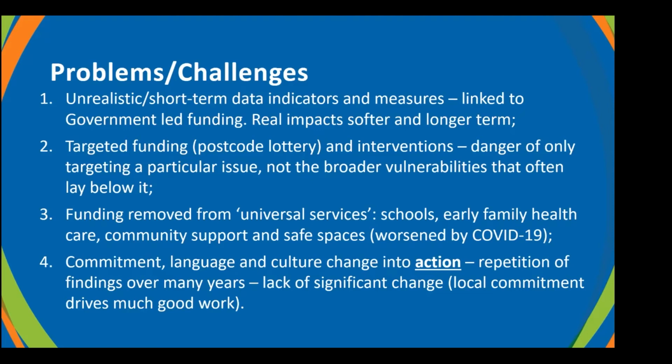There's also a lot of conversations that we've had with people, and some of the data, certainly recommendations from a lot of the reports that have been shared with us, which is that a lot of the challenges tend to be because of this targeted funding and interventions. So what we often hear is that the money tends to be targeted, and it could be rightly so, at those that are seen to have the worst issue. For example, it might be around knife injuries.